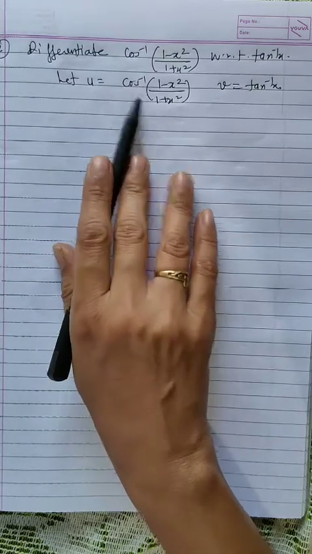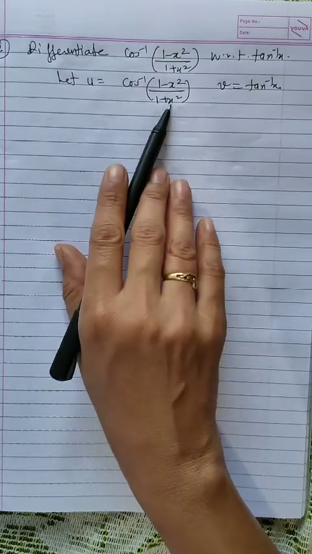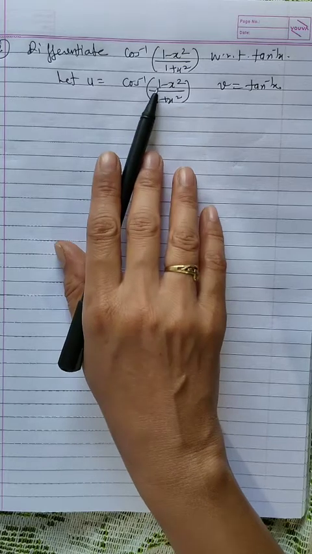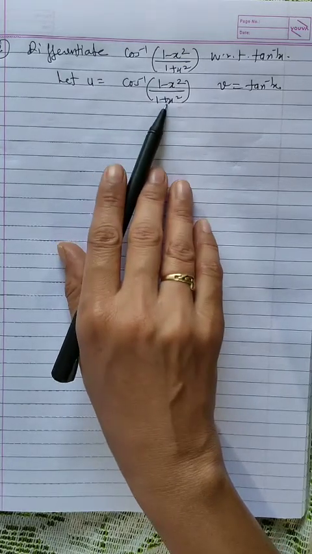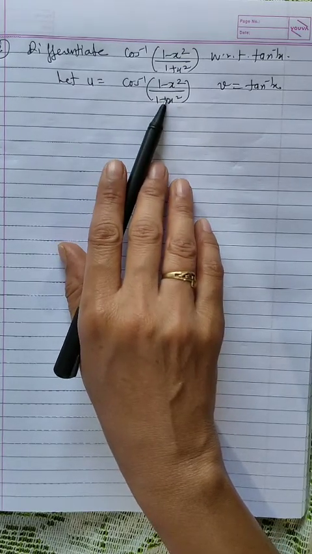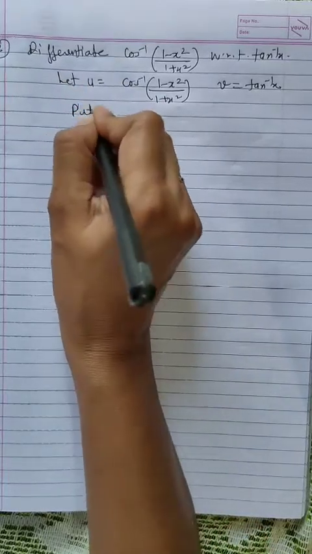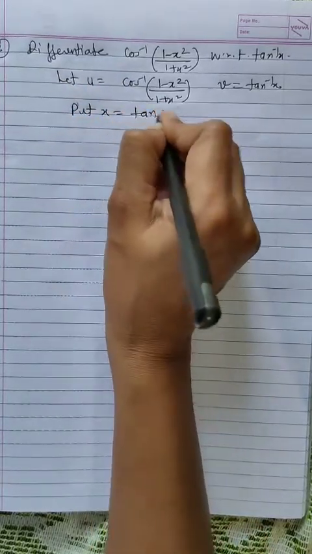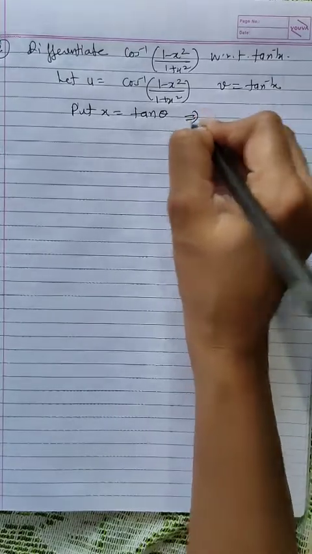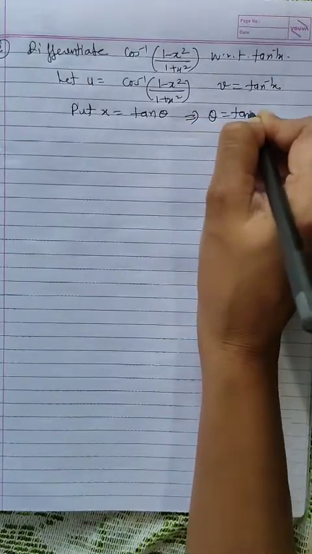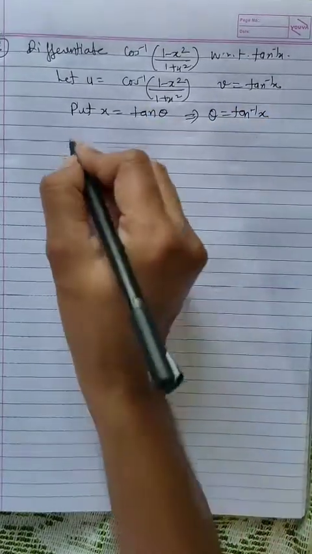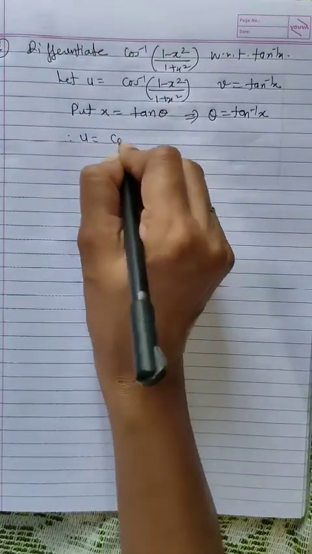Now let us take u. See here, cos inverse of 1 minus x square upon 1 plus x square. We know that 1 minus tan square theta upon 1 plus tan square theta is cos 2 theta. So our substitution is put x equal to tan theta. This implies theta will be tan inverse x. Therefore your u will become cos inverse.